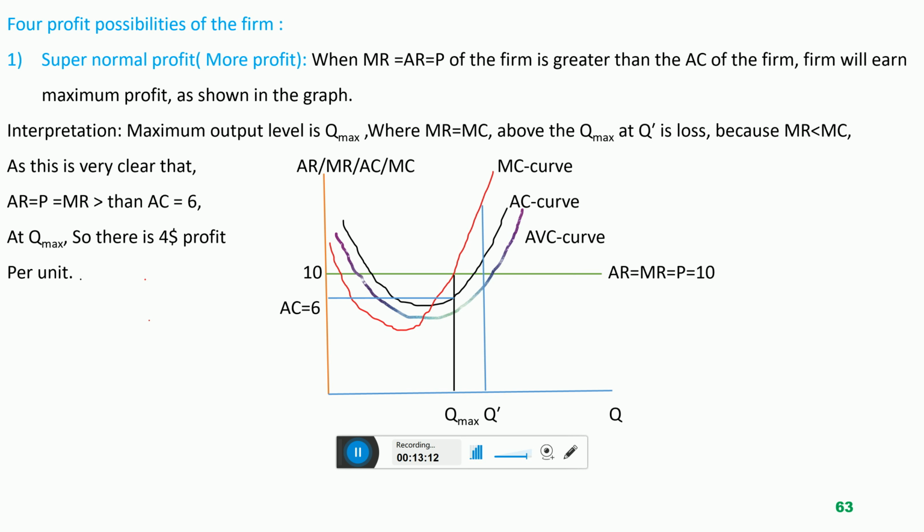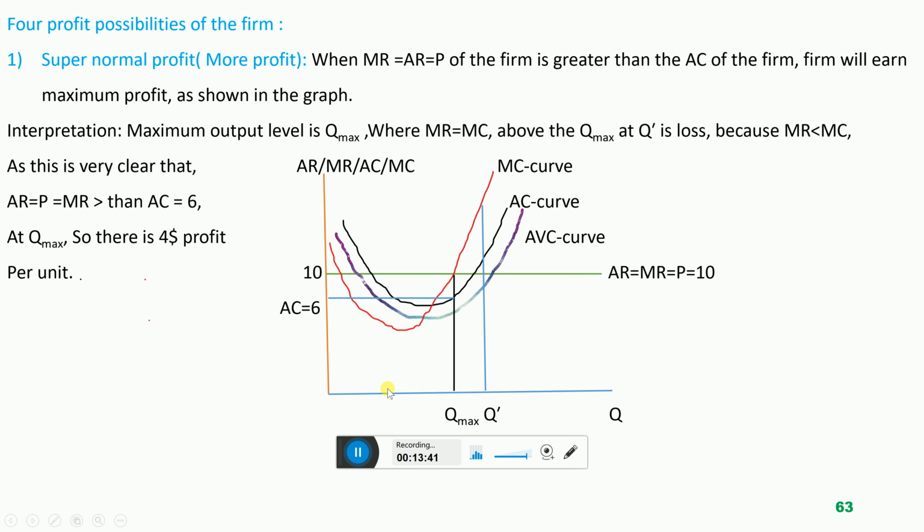How is profit maximum? Suppose the company is manufacturing below this point, here somewhere. Here the company produces, suppose, 25 units and the price is 10. So 25 multiplied by 10, total revenue is $250.